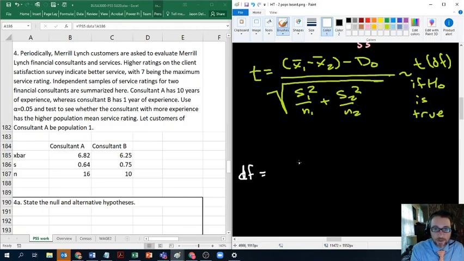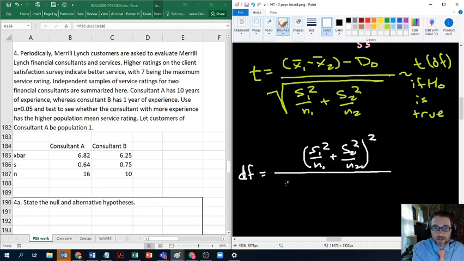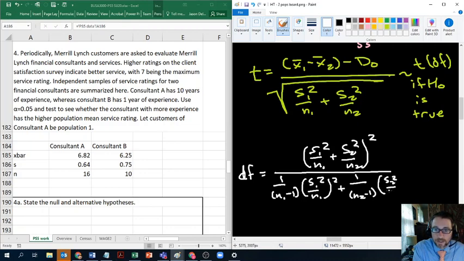I'm going to write it now just so we have it down for later. I may copy and paste it as we move. But it's s1 squared over n1 plus s2 squared over n2, that quantity squared, over 1 over n1 minus 1 times s1 squared over n1, that quantity squared, plus 1 over n2 minus 1 times s2 squared over n2, that quantity squared, rounded down.